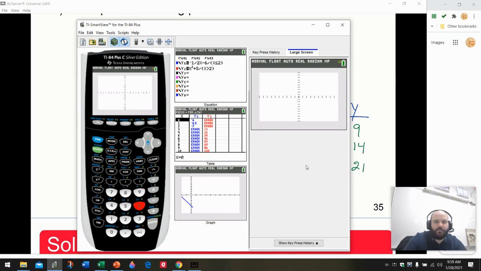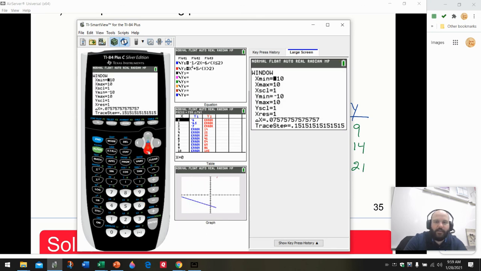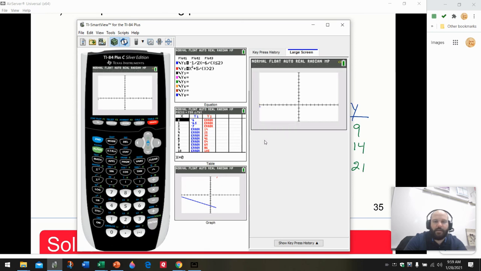And now when I hit zoom 6, so everybody's looking at the same window, you can see there is the linear part of my graph. And way up at the top, you can barely see it, is the quadratic. I am going to make my window, instead of having the y max 10, I'll make the y max 20. So you can see that a little bit better.